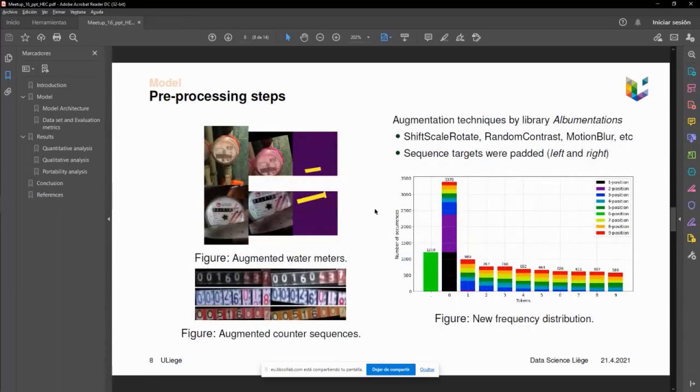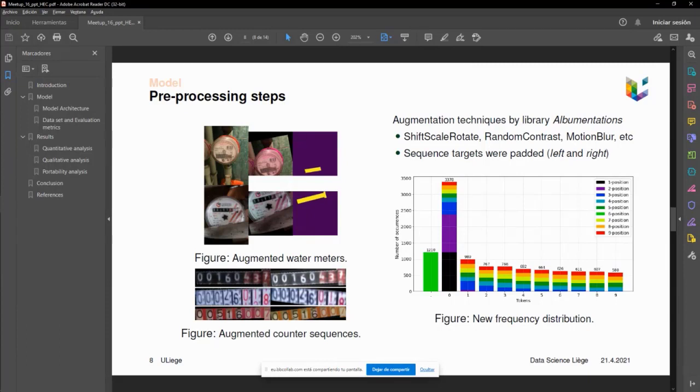So once we have all our models set up, we needed to perform some pre-processing steps. As you may know, nowadays deep learning models require a large amount of images. So as we only have a dataset with 1,200, we need to perform some data augmentation techniques.